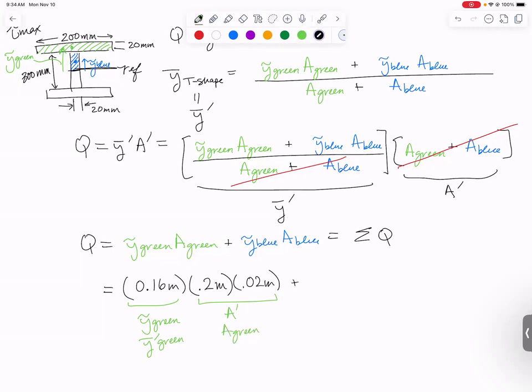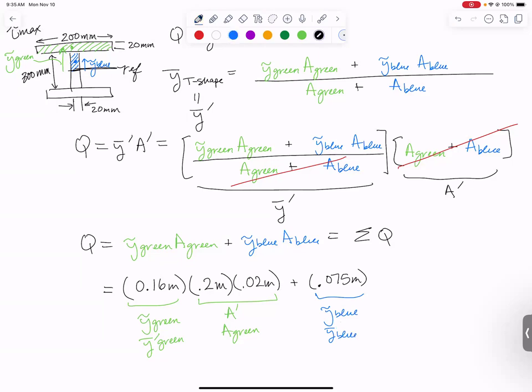We need to add to this the Q for that little blue rectangle. So first we need its centroid location measured from the center of the whole shape. The little blue rectangle is 150 millimeters tall, so the distance from that centroid to that centroid is 75 millimeters. So 0.075 meters. That is y tilde for the blue shape, or y bar prime for the blue shape.